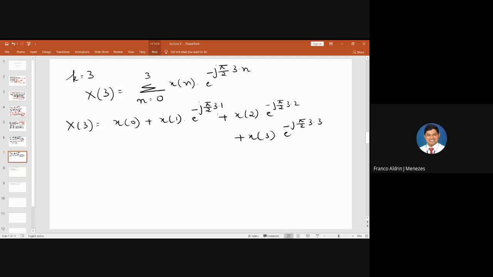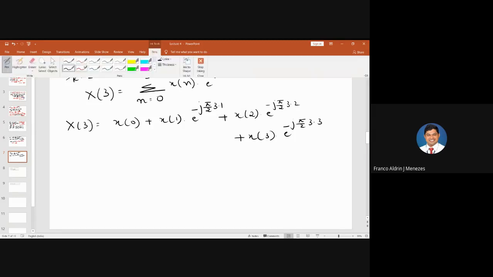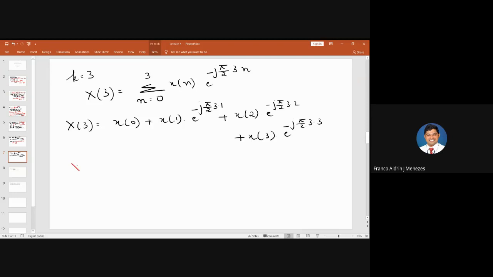So now we have to find these particular values again. So x of 3 will be equal to x of 0, which is anyhow 0, plus x of 1, which is 1, times e to the power of minus j 3 pi by 2. What is that? Plus j, sir. Plus j.